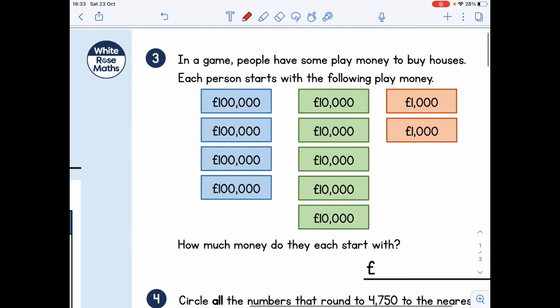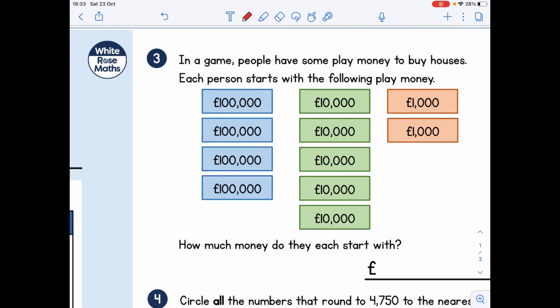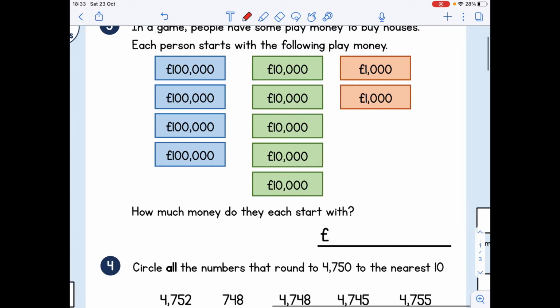Number 3, in a game, people have some play money to buy houses. Each person starts with the following play money. How much money do they start with? So again, we just look how many 100,000s. There are 1, 2, 3, 4. There are 400,000s.